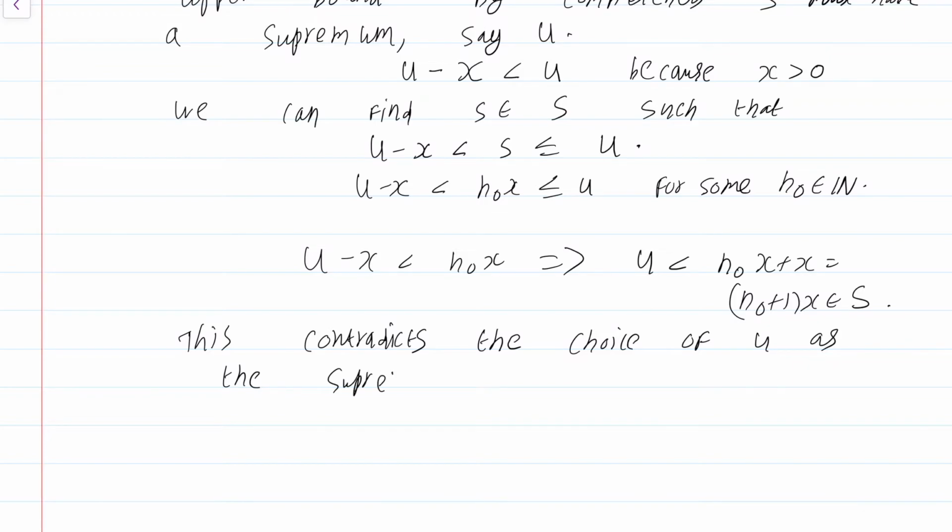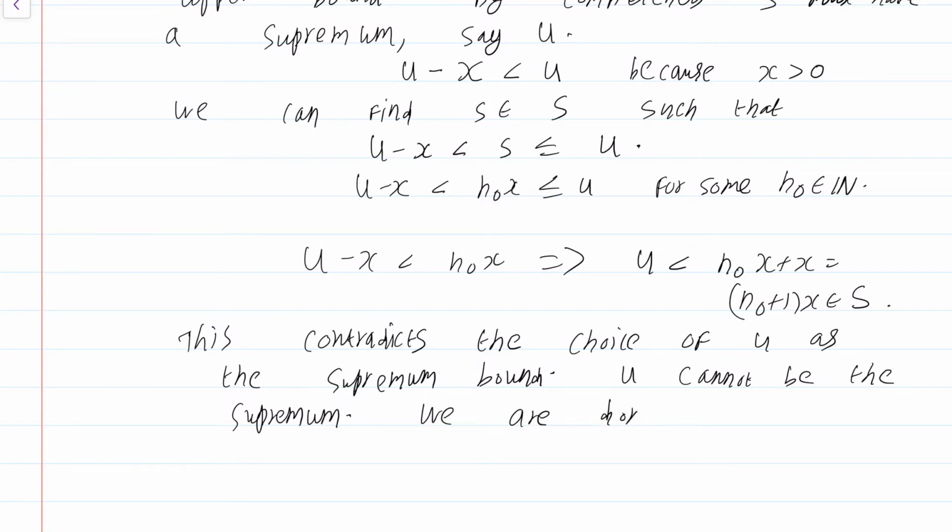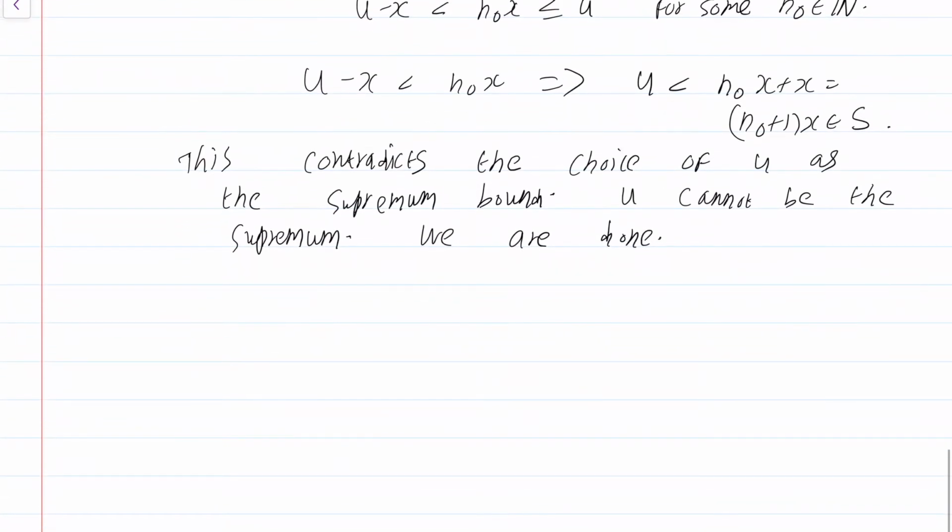It has to be an upper bound in the first place. It's not. This shows that u cannot be the supremum. So our assumption that the set S was bounded above is wrong, and we are done. The Archimedean property is proved.